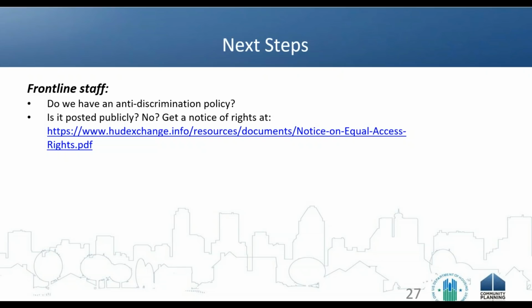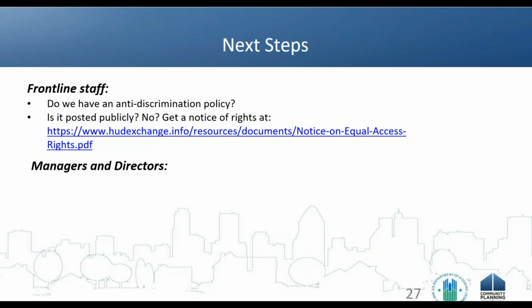So if you're a frontline staffer and you're unsure, ask your managers or directors where it is and what it is. And as Abby mentioned at the beginning, HUD-funded projects are required to update their policies and procedures and incorporate this into that. Anti-discrimination policy language is one of the main places we see that language reflected inside the project. And there's a great link here if you need it.